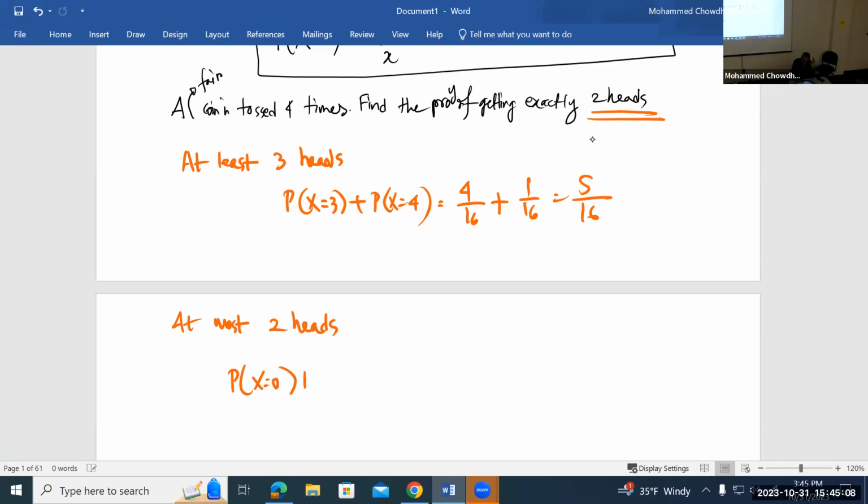So 0 head plus 1 head plus 2 heads. So now how can you do that? 0 heads equal to 1 over 16, 1 head equal to 4 over 16, 2 heads equal to 6 over 16. So you have 11 over 16. That is the probability. Are you understanding?